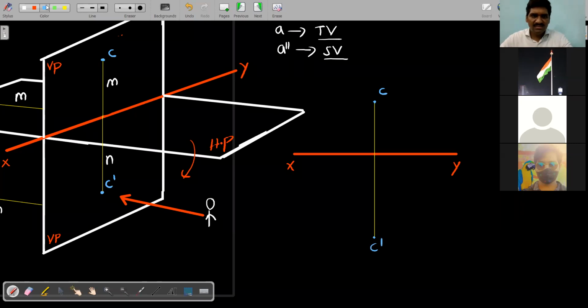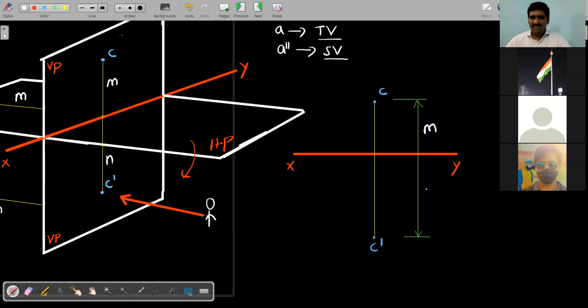There is no need to mark the dimension lines. Very simple. So this is 1, this one is 2. This is the distance M.